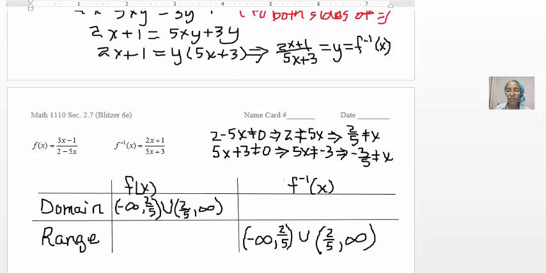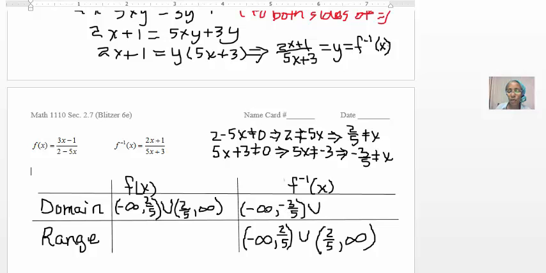Now when we go to find the domain of the inverse, we see in our work above that we may not allow x to be negative 3/5, or the inverse function becomes undefined.